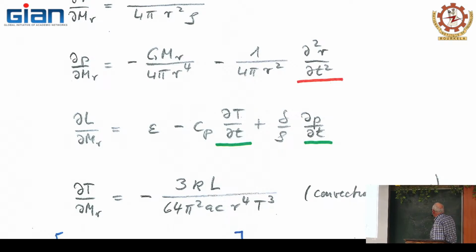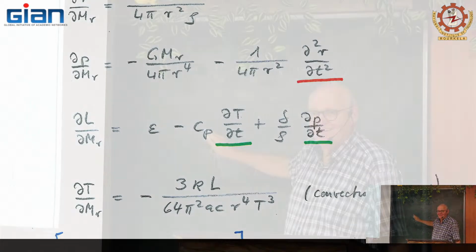Okay, what we observe here is, if we take the first term, then we have dp naught by dm_r for the hydrostatic value, and here we have minus GM_r over 4 pi times the radius to the fourth times 1. Well, these two terms, what do they do?